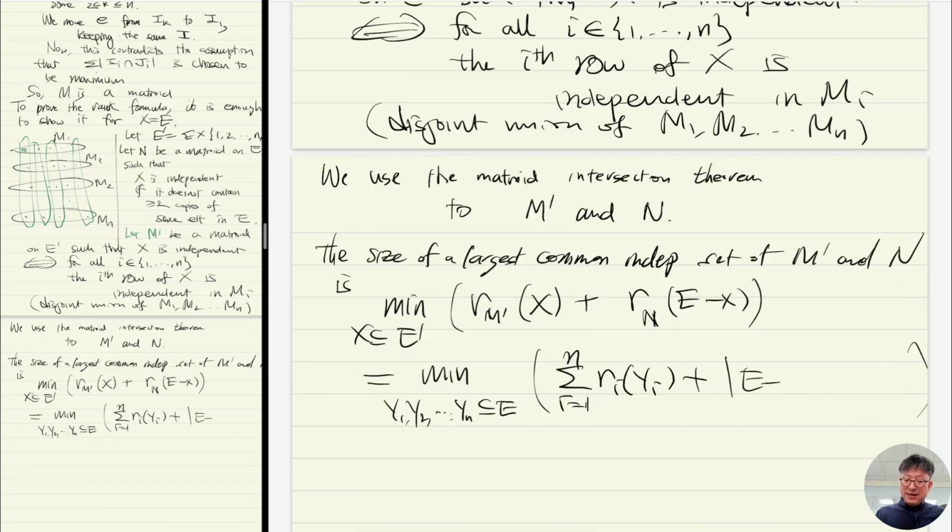So it's E minus the number of columns, the union of E minus Yi. That's the rank.